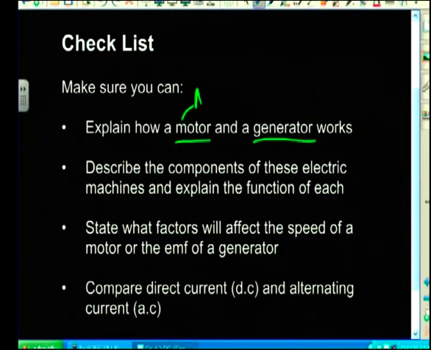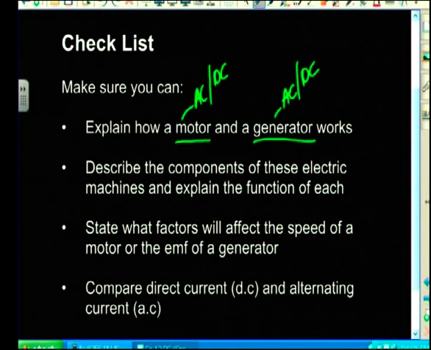Added to that, and this is where they like to try and trick you, remember we get AC and DC motors, alternating current and direct current, and we get alternating current and direct current generators. We get both. They'd like to try and trick you with this one. You're going to see with our questions that they're going to ask you the difference between the two. Very important, and it's a very subtle difference which you must understand.